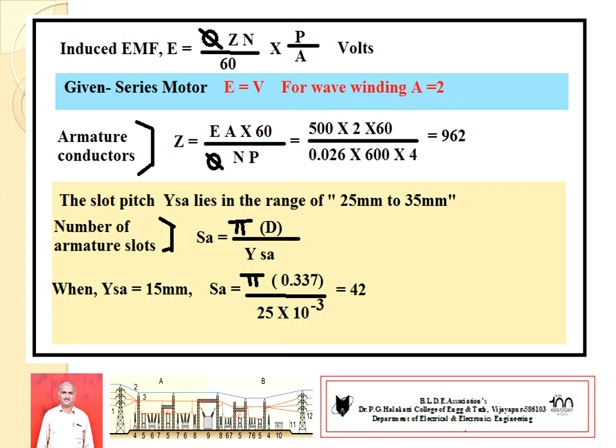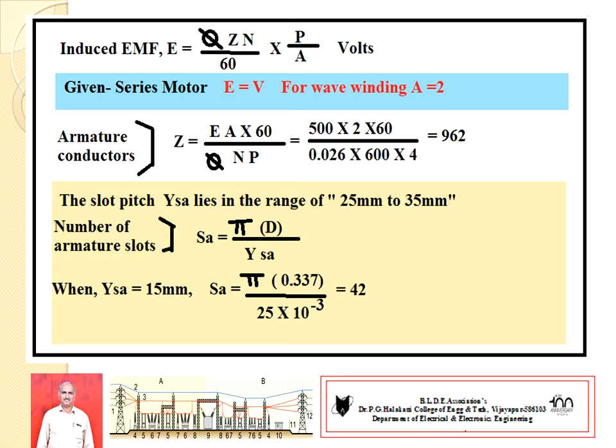Then induced EMF E equal to phi Zn divided by 60 into P by A. You write the general expression. Now which type of winding is preferred? That is wave winding. Hence number of parallel paths A equal to 2. And one more thing, given motor is series motor, hence terminal voltage is equal to induced EMF, because no drop considerations are given, hence we can assume.